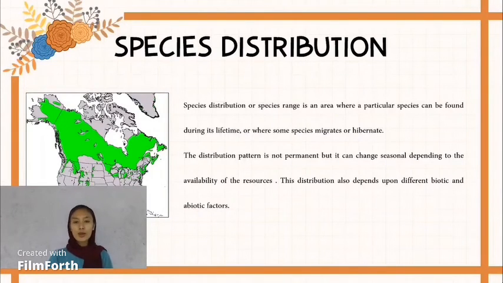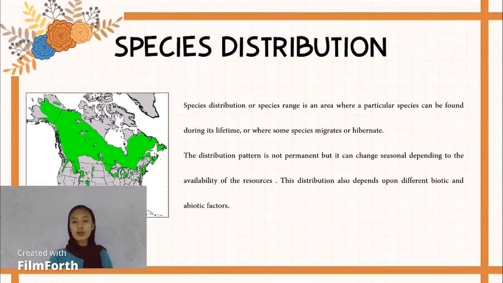Okay, so the next one is the species distribution. Species distribution, or matatawag natin ang species range, is an area where a particular species can be found during its lifetime. Or dito yung area na kung saan nagmamigrate yung mga species or kung saan they are hibernating. This pattern is, hindi daw ito siya, it's only seasonal. So it means it's not permanent. Nakadepende lang yung pattern na to doon sa availability ng mga resources na kinakailangan ng mga species na nakatira doon sa that particular area.